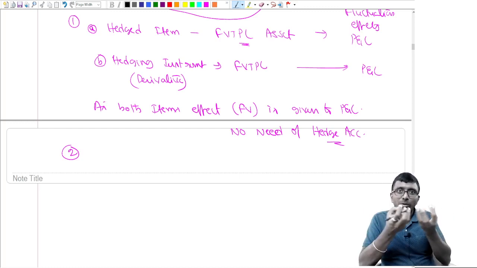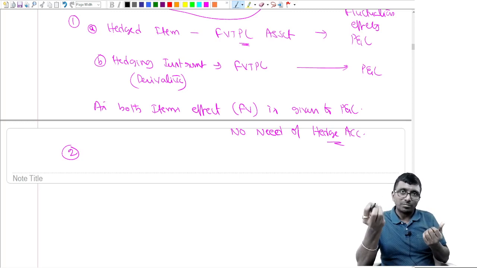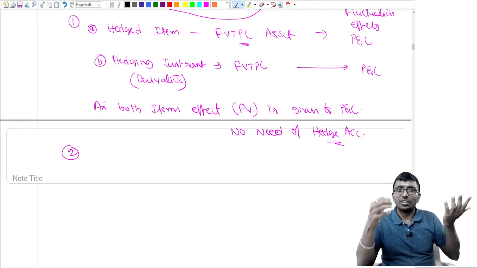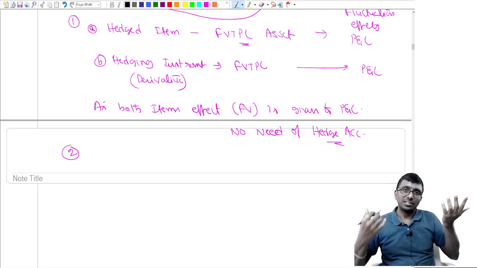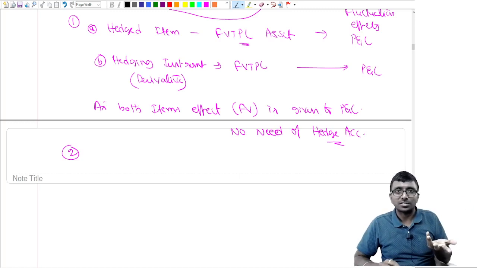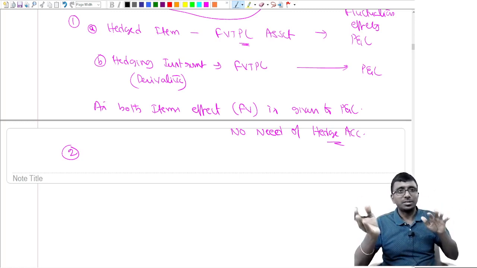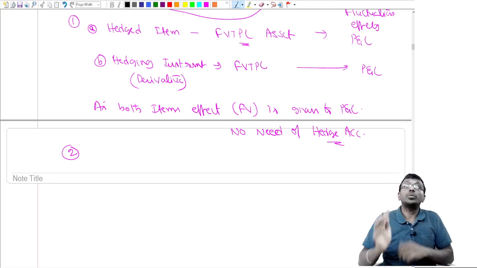It is getting automatically hedged, because whatever loss you get from the foreign currency receivable can be offset by the foreign currency payable gain, and vice versa.